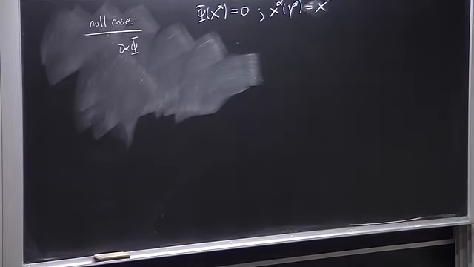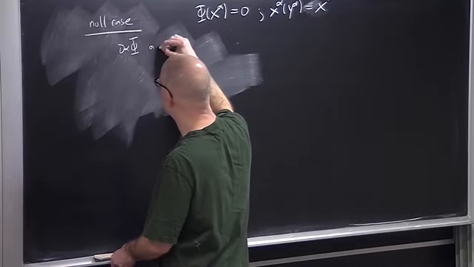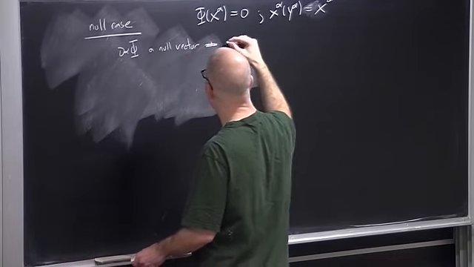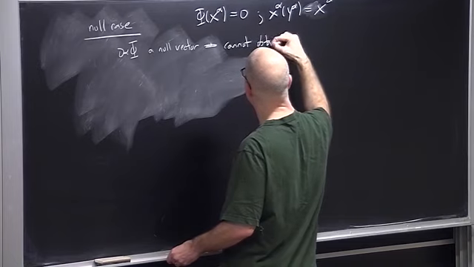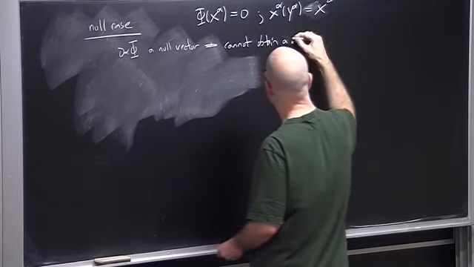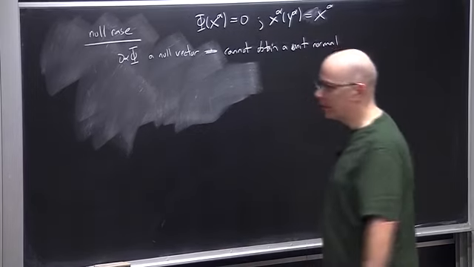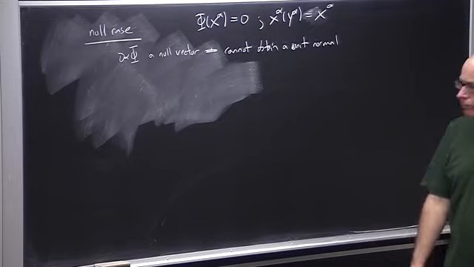The main distinction now is that this is now a null vector, which means that we cannot obtain a unit normal. In fact, the normal that I would get from this is guaranteed to be a null vector.